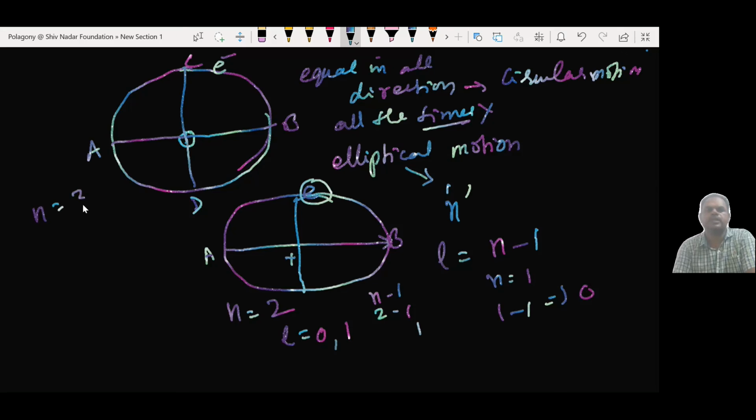If n is equal to 3, L values are 0, 1 and 2, so 3 subshells are possible. Here 0 indicates the S subshell, 1 indicates P, and 2 indicates D.